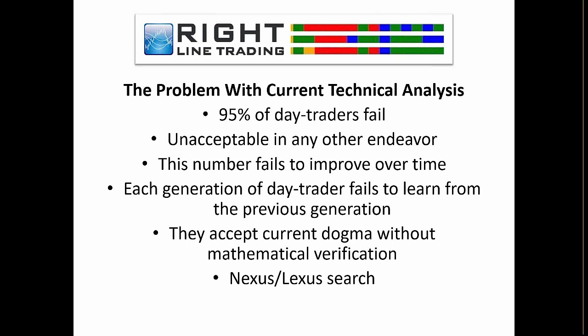If that was in architecture or engineering or medicine, it would just not be allowed to continue. Imagine 95% of all the buildings erected collapsed, or 95% of all the patients treated in medicine died. What would happen early on is a scientific analysis would determine which elements of the architectural analysis or what components of medical therapy were not working, and they would be eliminated.